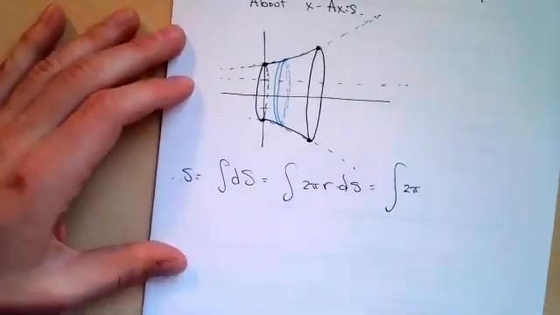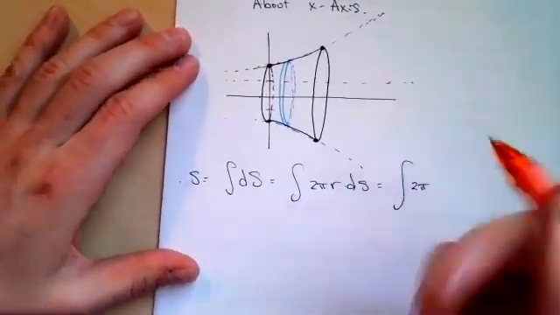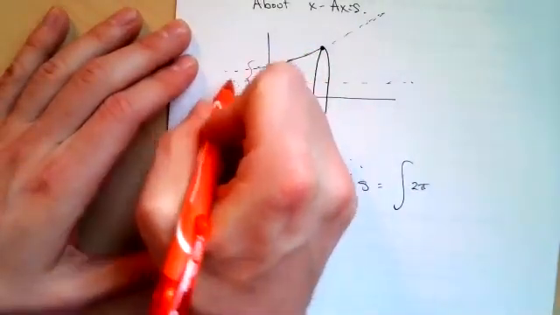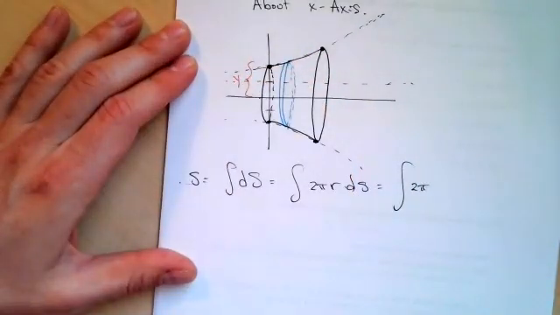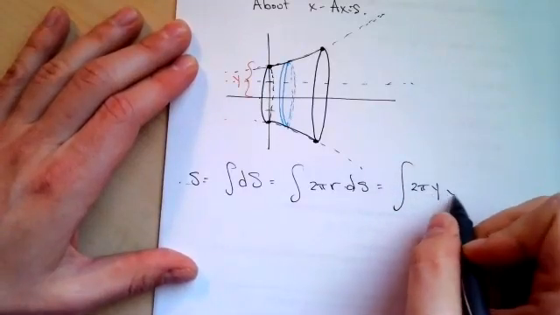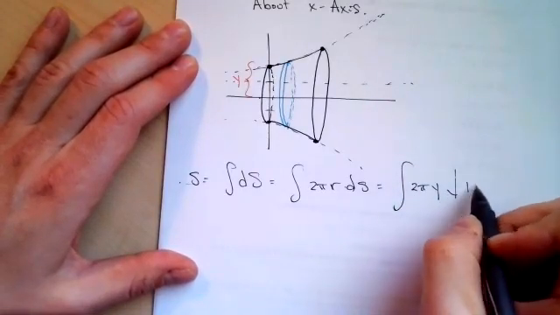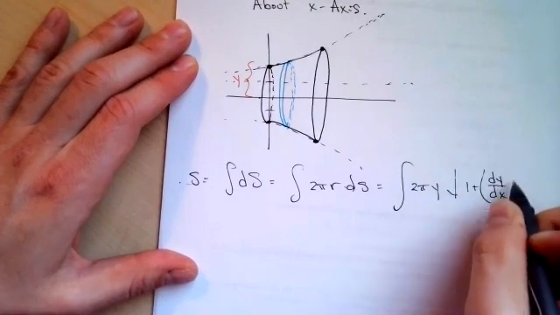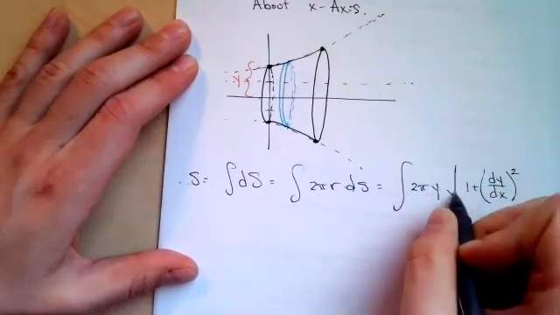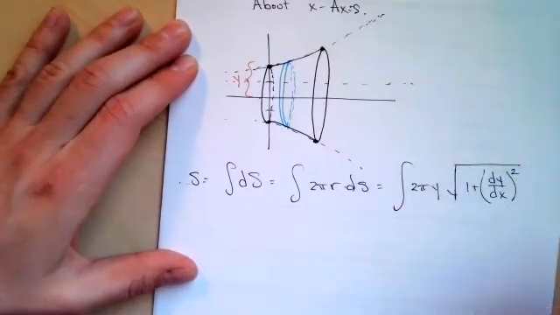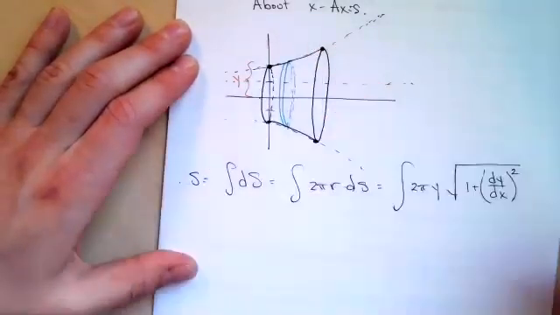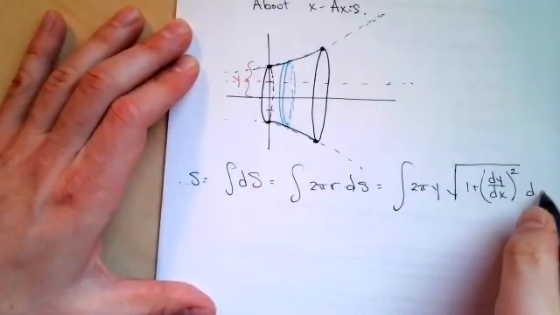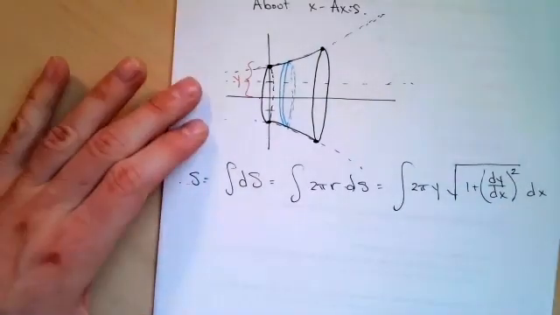As we saw in our last one, since we are rotating about the x-axis, the radius is always y. However, since we are rotating about the x-axis and cutting up essentially perpendicular to the x-axis, we want to integrate with respect to x.